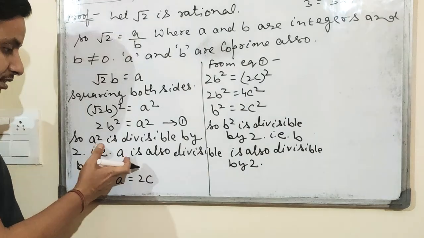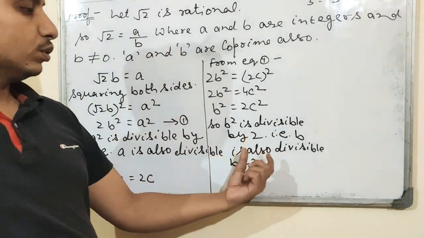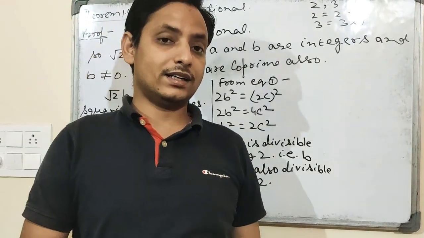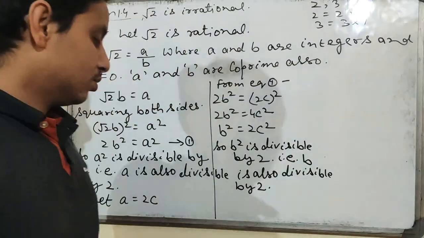Here we see that a is divisible by 2, b is also divisible by 2. It means a and b have a common factor, that is 2.